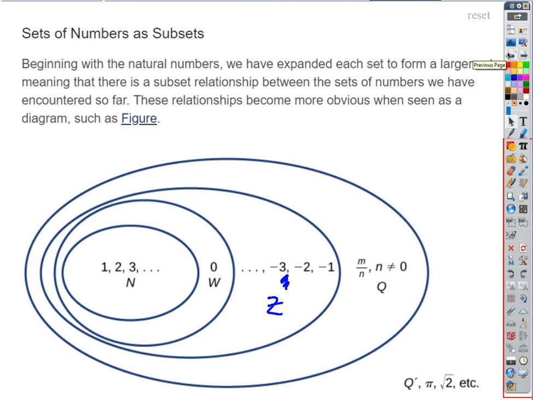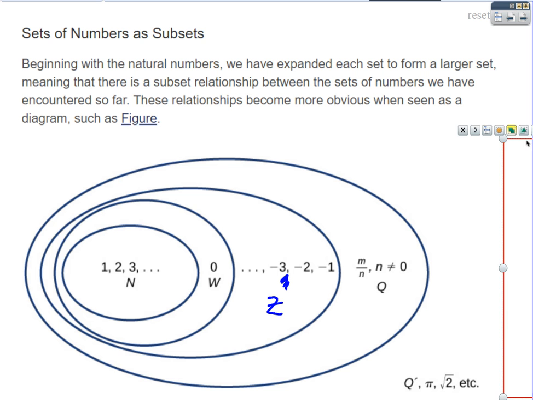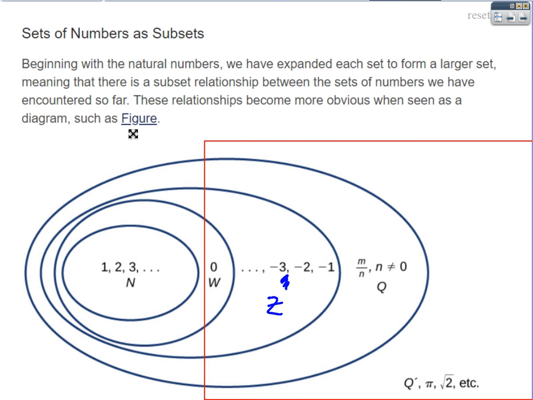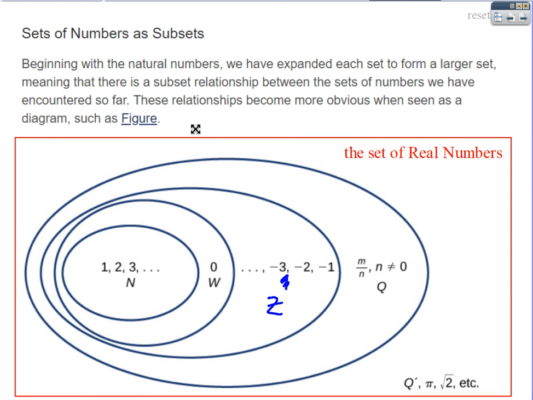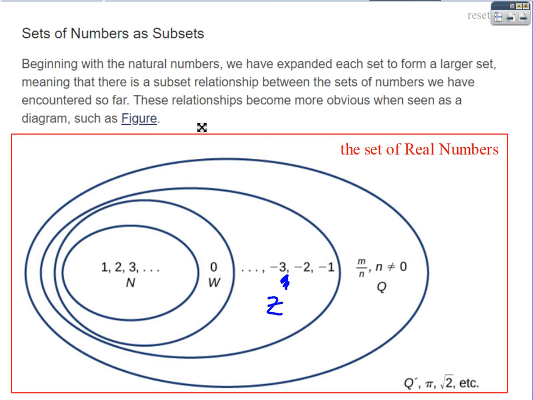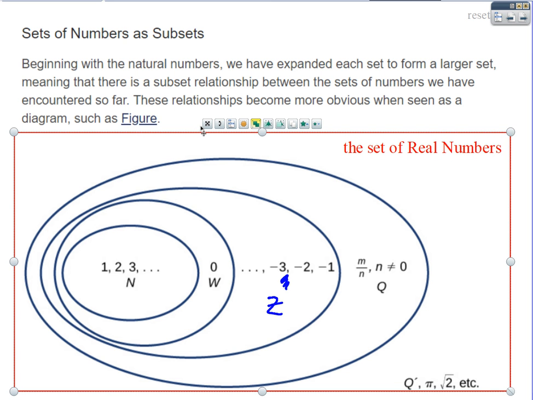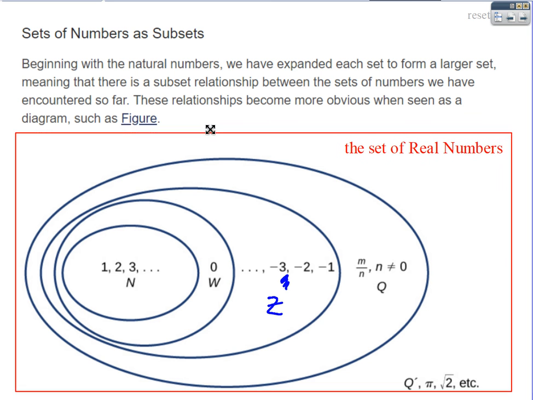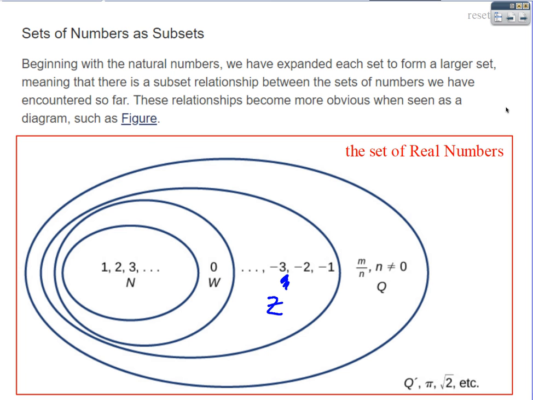Now, one thing I can do to make this a little better, I think this helps, right? If we say that the set of all real numbers is included in this red box, then here's a good representation. We've got the set of rational numbers and all of its subsets separate from the set of irrational numbers.